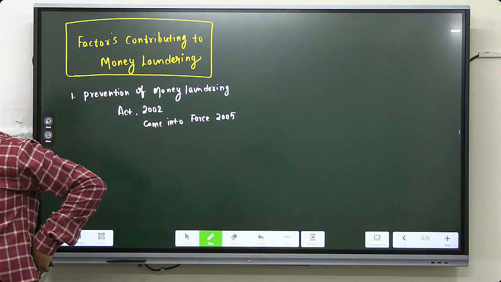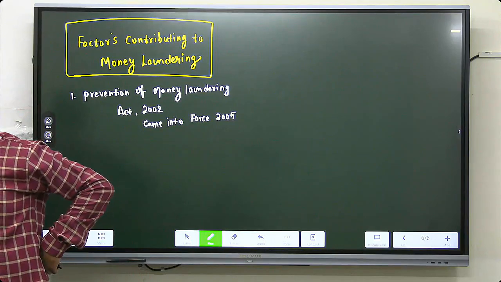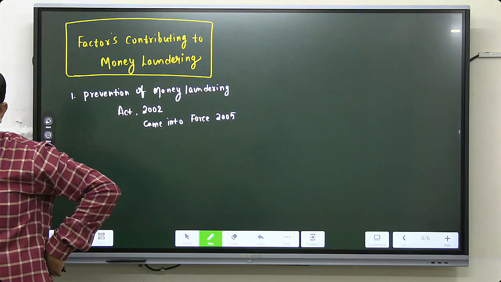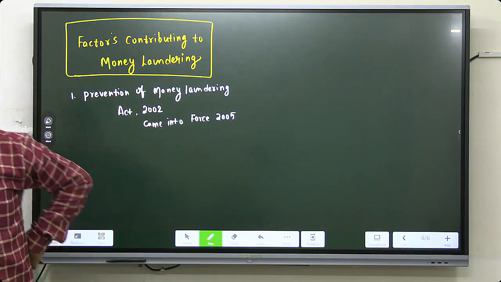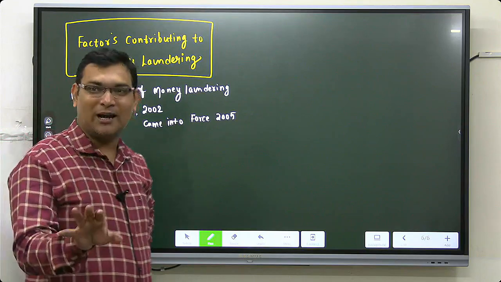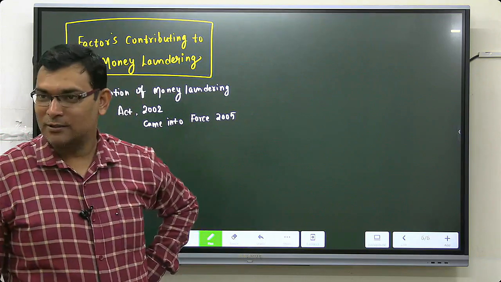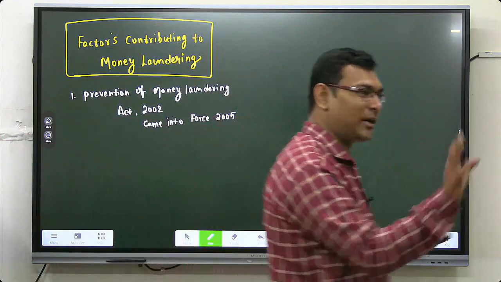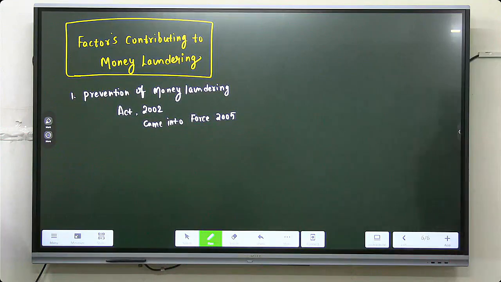Now tell me, if you are an MLA or MP or bureaucrat, will you frame a law to arrest yourself? Tell me, will you frame your own law to arrest yourself? No. What will you do if you are an MLA or MP, Rajya Sabha or Lok Sabha member, and I ask you to frame the law?